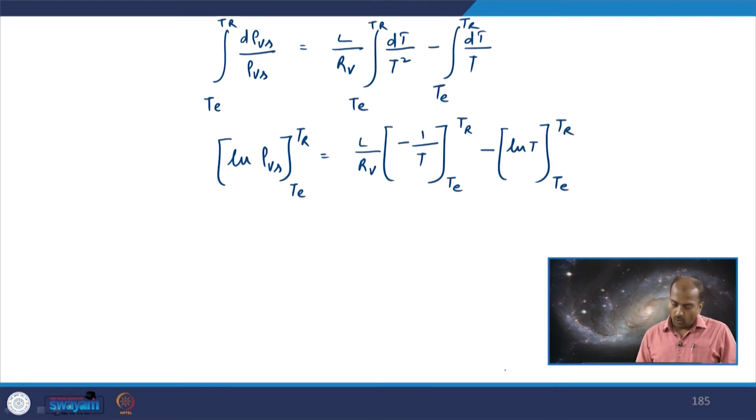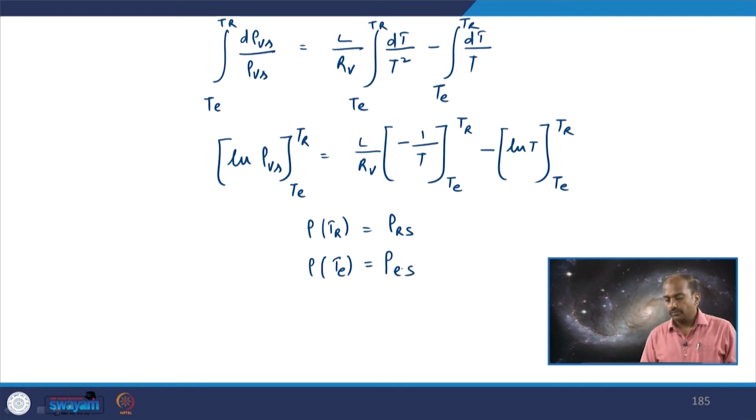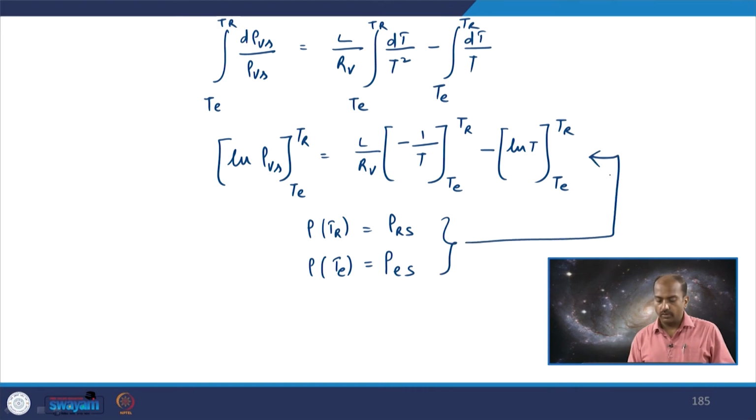Now, let us call the density at the temperature of the droplet as rho Rs, saturation at the radius, and density at TE as rho Es. We are going to use this in this equation.